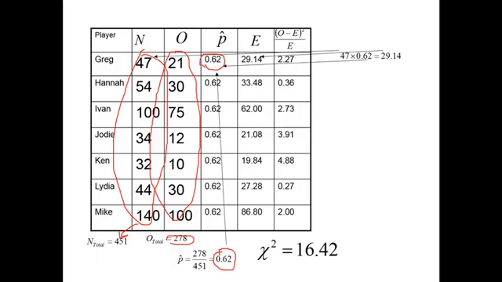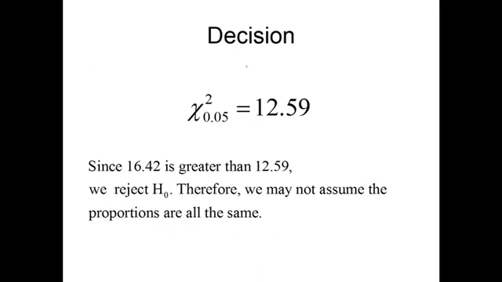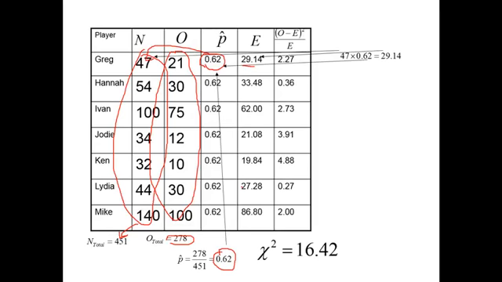So you take this times the number of attempts, and we would have expected Greg to have succeeded 29 times. We would have expected Hannah to have succeeded 38.48 times, and so forth down the table.